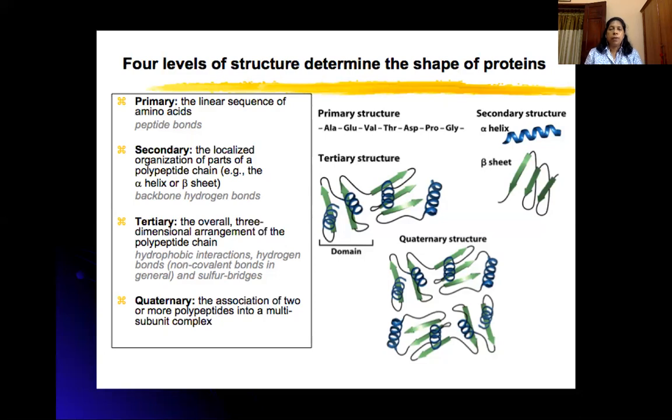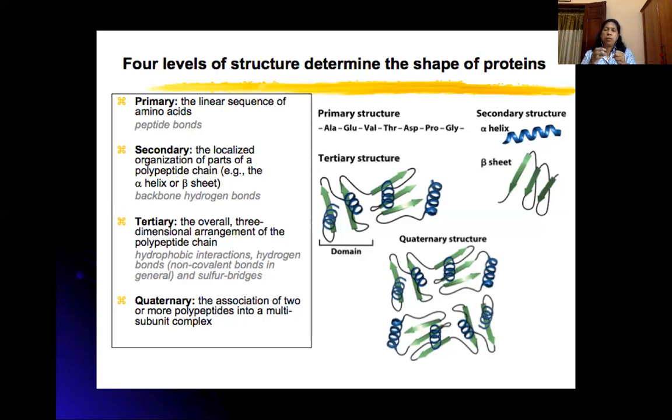Peptide bonds are common to all. The other one is the quaternary structure, the association of 2 or more polypeptides into a multi-subunit complex. The first unit is there, the second unit is there, and all get together.